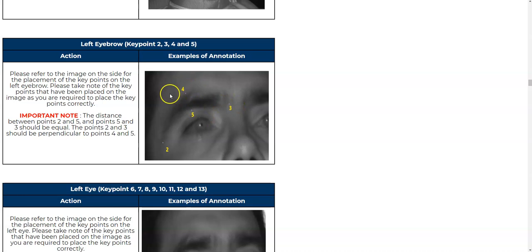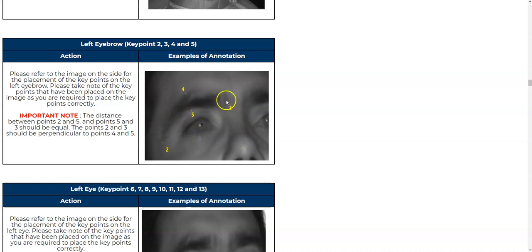Alright, so points 4 and 5 should be okay. Point 4 is at the top of the left eyebrow, so it should be at the middle and topmost of the left eyebrow. The important thing is it should be in the middle. Alright, and point 5 should be at the lowest and the middle of the eyebrow.